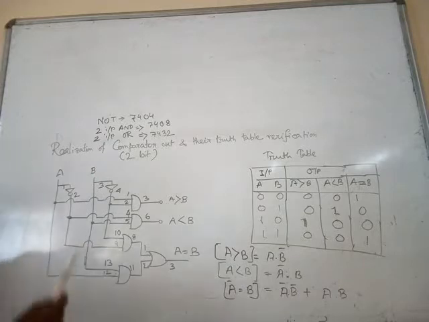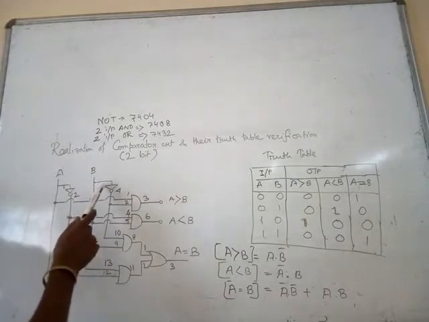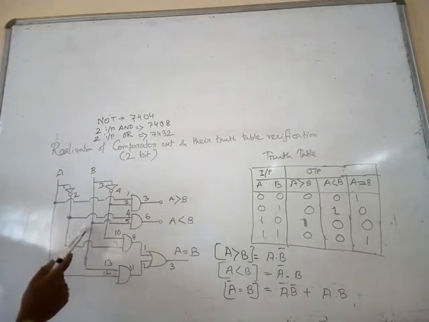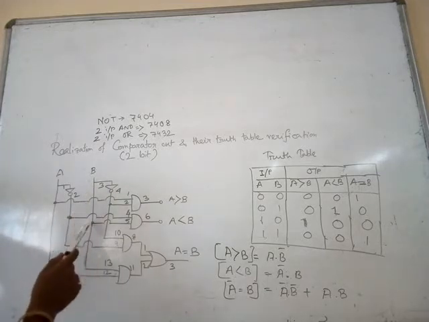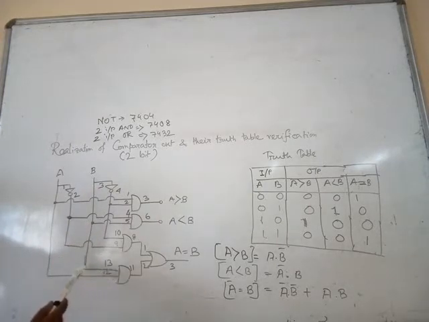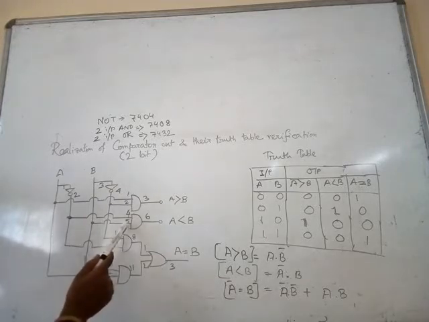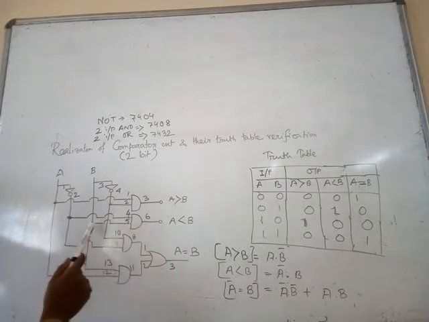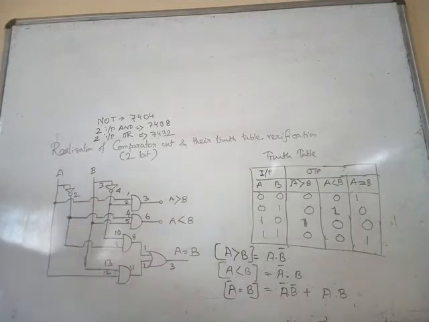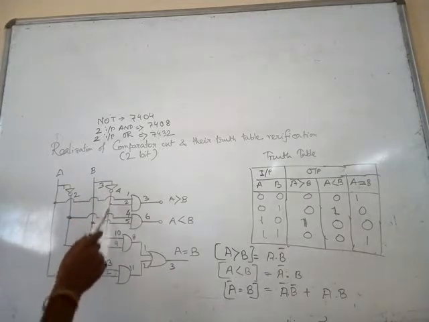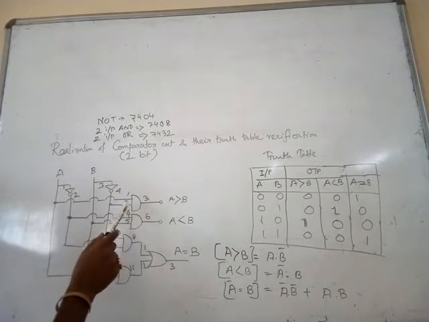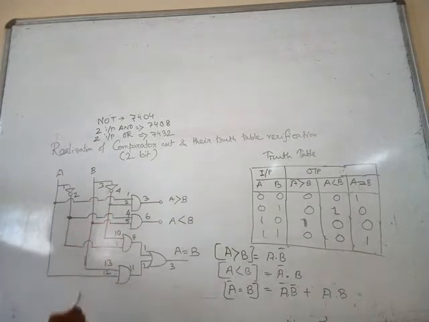Next pin number 3 of NOT and pin number 5 of AND are shorted. Next pin number 5 of AND and pin number 13 of AND shorted. You can connect 13 from either pin number 5 of AND or pin number 3 of NOT. Next, line 4 of NOT is connected to 2 of AND and 10 of AND. So these connections are completed.